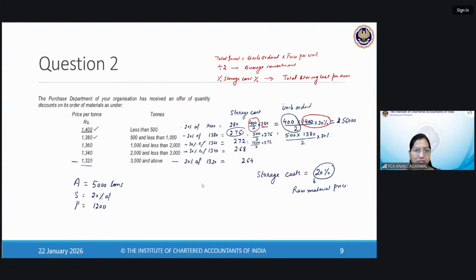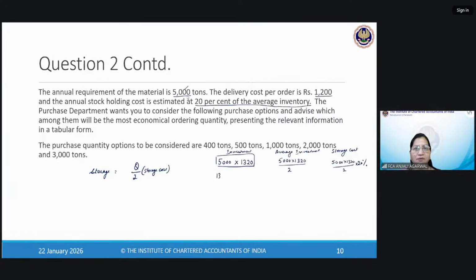Then we discussed that there should be another column on material if there is discounts on material, because then the material cost also becomes relevant. So this is what we did. Another question, 5,000 tons were required. Delivery cost was 1,200. And here the storage cost is not given as 20 rupee, 10 rupee per annum.